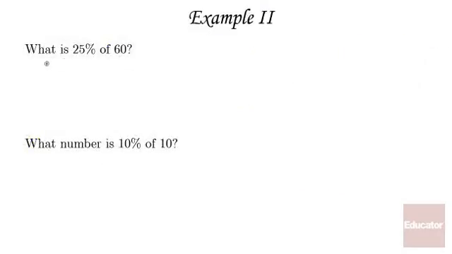Okay, let's just do a few more. What is 25% of 60? So this is what we're solving for, right? I can make that into my variable. You can use a question mark. You can do a little blank. Is equals 25% to decimal.